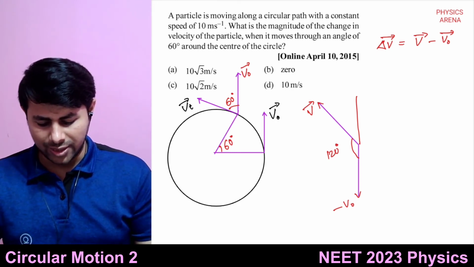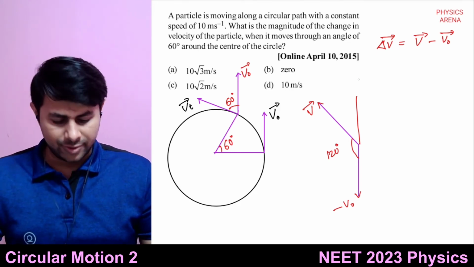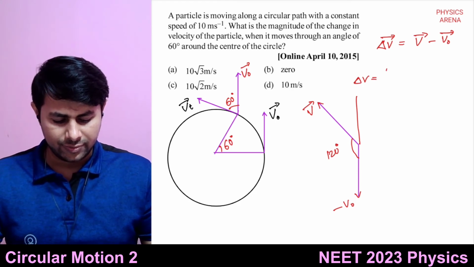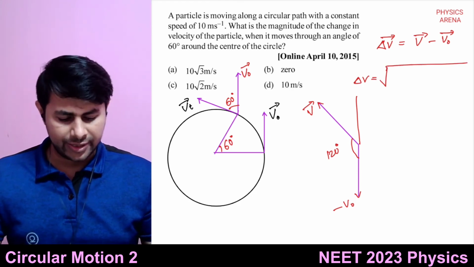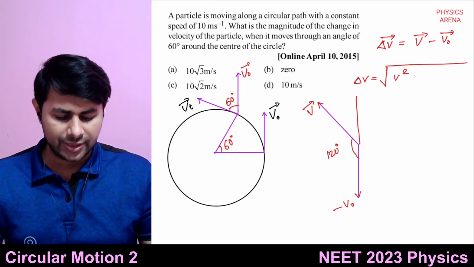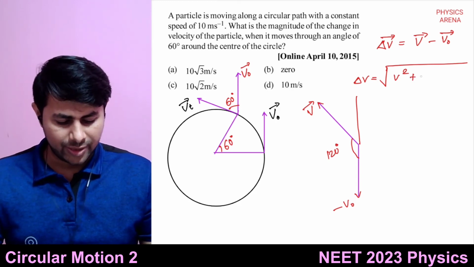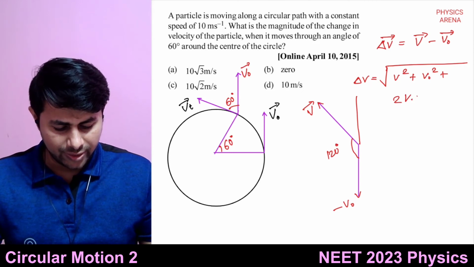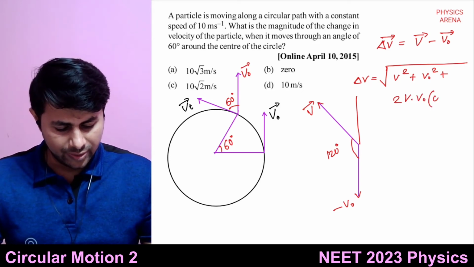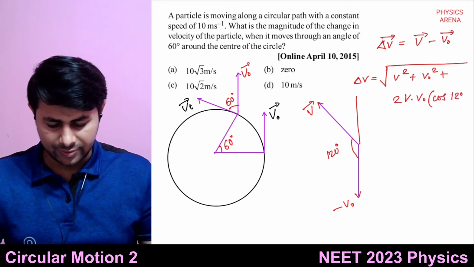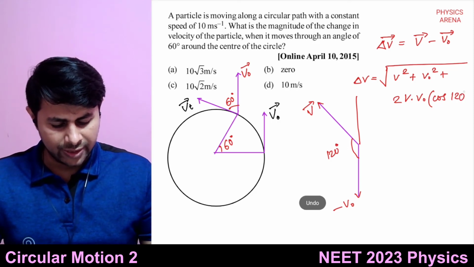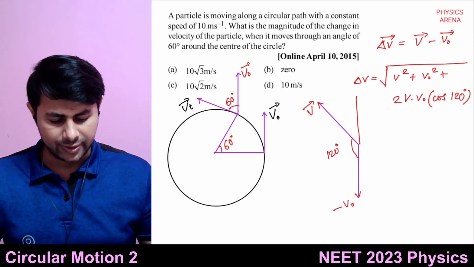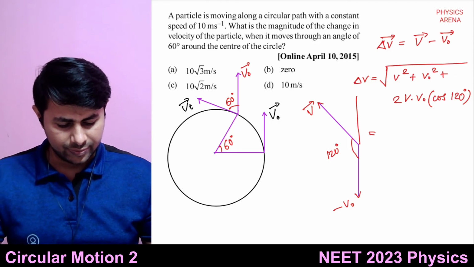So delta V equals square root of, the speed remains constant, but let's write it, V square plus V0 square plus 2 times V into V0 multiplied by cos of the angle, 120 degrees.